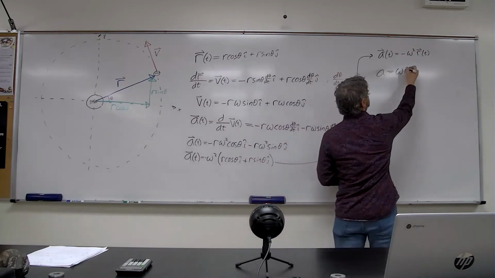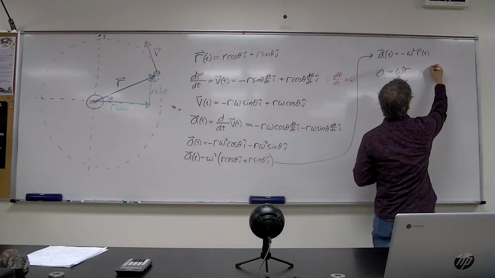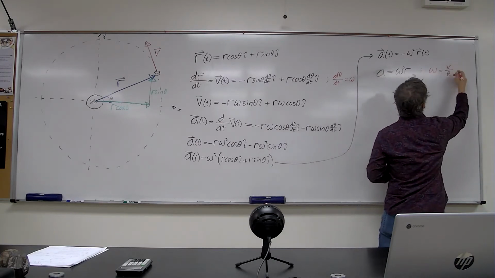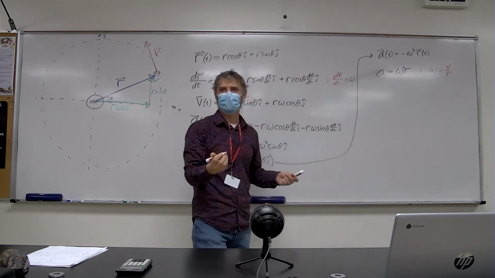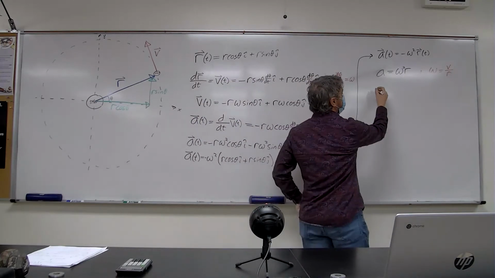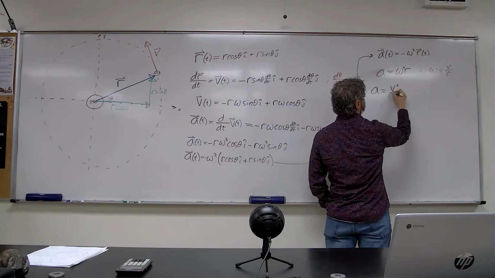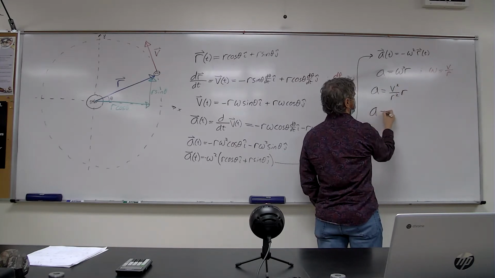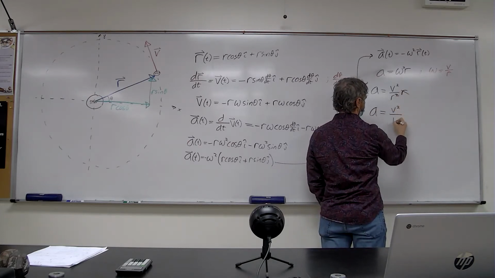Well, don't I know that omega, as we talked about a second ago, is v over r? That's what we talked about at the beginning. v is omega times r when we were just doing basic geometry. So if that's true, then the acceleration is omega squared times r, so it's v squared over r squared times r, or the acceleration is v squared over r.